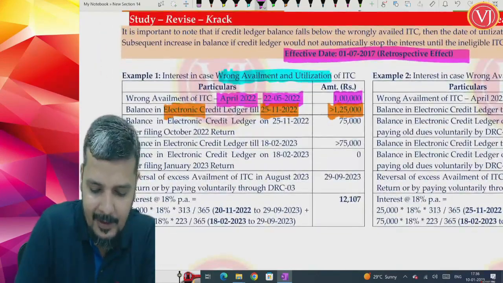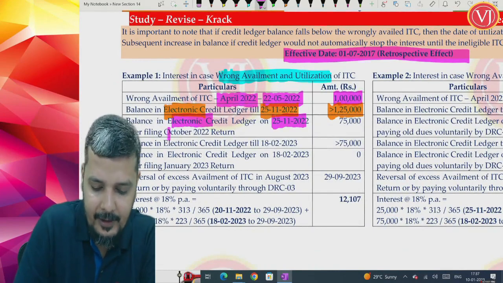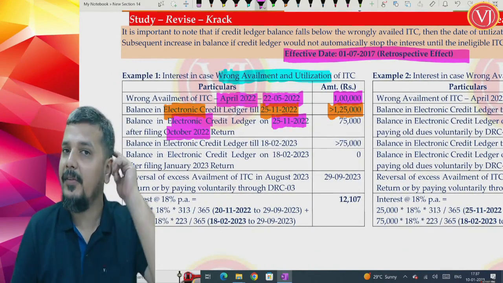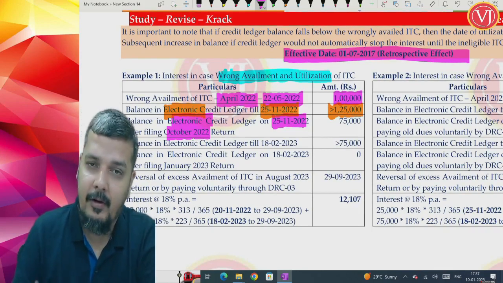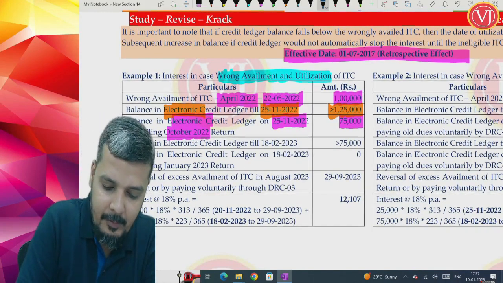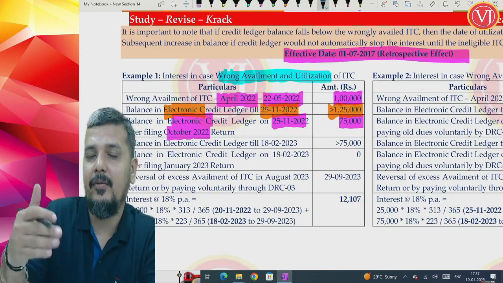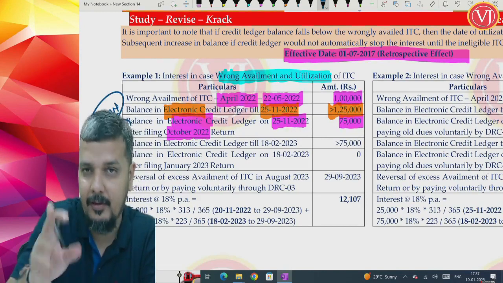Now my balance in the electronic credit ledger on 25th of November after filing the October return: the moment I file the October return, my balance is falling below that 1 lakh because of my filing of return. So keep that in mind.